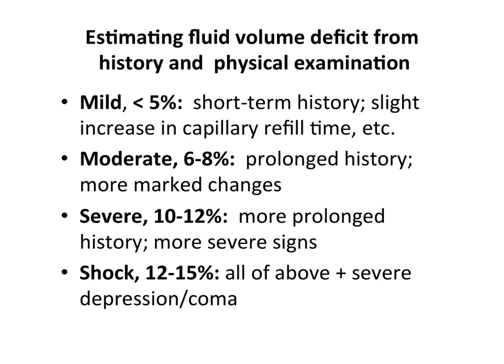So generally we characterize an animal this way, and this helps us put a figure on dehydration. If we can detect it, some people say 3%, but most of the time you can only be certain about dehydration as much as 5%. This is based on a combination of understanding the history of the animal, they might have been vomiting or diarrheic, and some indication like a slight increase in capillary refill time. Moderate is where you might have a history of a longer period of the animal being sick and more pronounced changes.